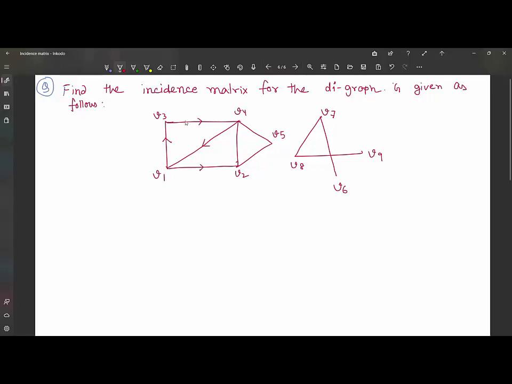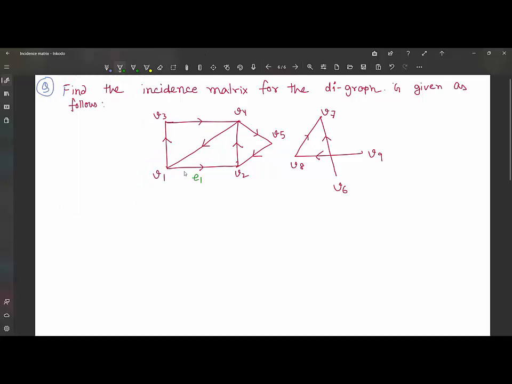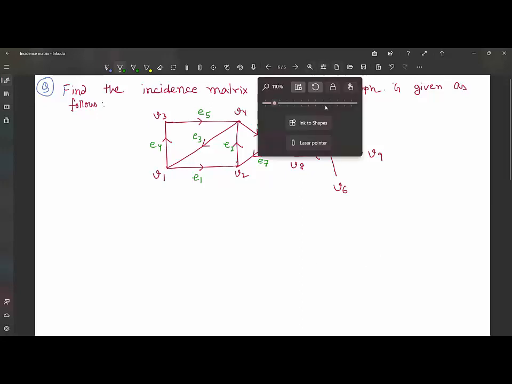Just put the directions here. Then marking the edges as E1, E2, E3, E4, E5, E6, E7, E8, E9, and this edge is E10. So there are 10 edges and a total of 9 vertices.